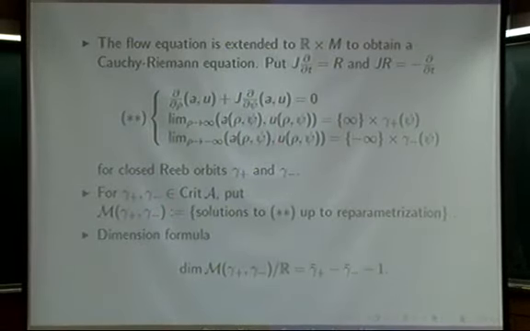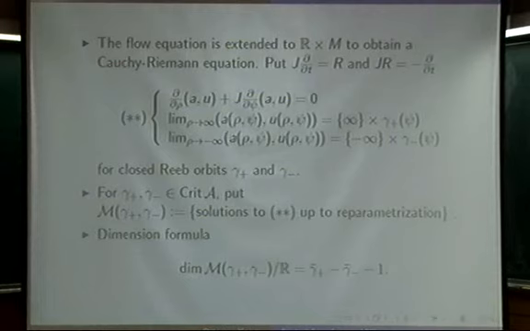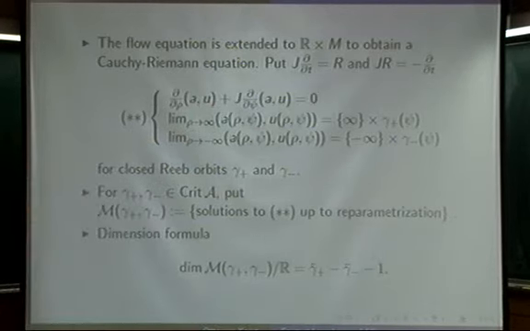You extend the complex structure this way. On the R direction of what's called the symplectization, R times M, you say that J times d/dt is the Reeb field, and J times the Reeb field is minus d/dt, and you have extended the complex structure. And then you get a genuine Cauchy-Riemann equation for a cylinder, and you get asymptotic boundary conditions.